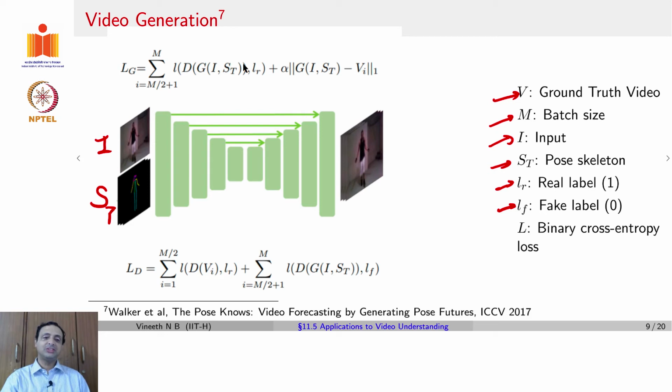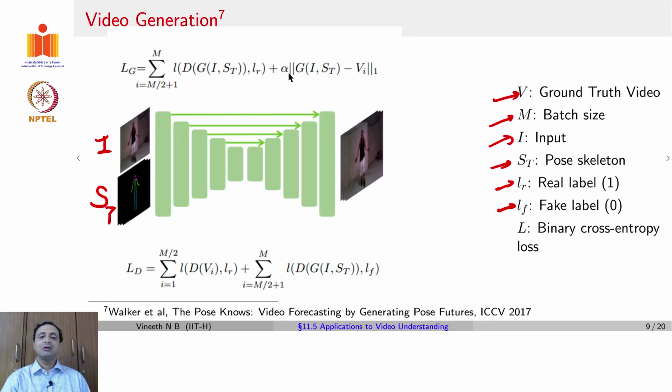Let's try to see what the generator tries to do. The generator, which has a counter objective, wants the discriminator to look at the generator's output and give it a real label. In addition to this generator objective, we also try to minimize the L1 distance between the generated future frames and the future frames that are provided to us in the ground truth VI, and the L1 term is weighted by a coefficient alpha.